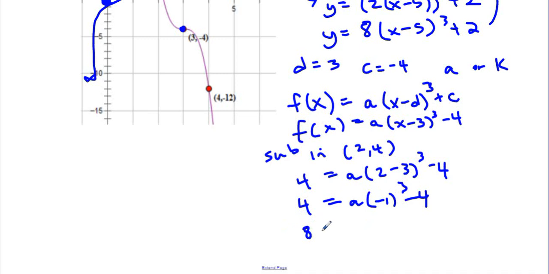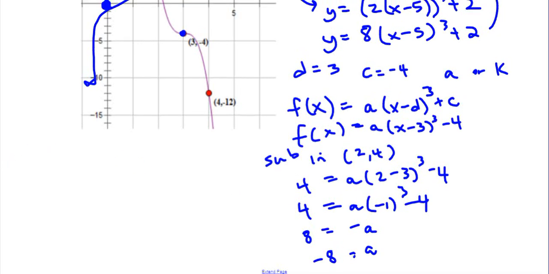I get 8 equals negative A, so A equals negative 8. Awesome. So now I have enough information to say what the equation is. So f of x equals negative 8 times (x minus 3) cubed minus 4 is a possible equation.